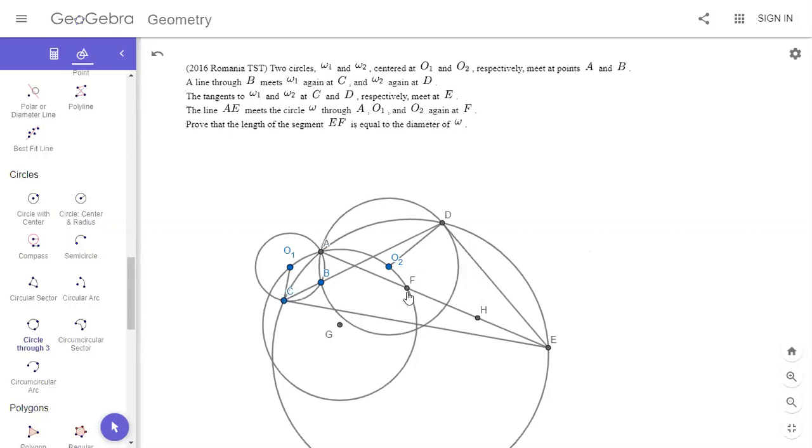So once we know that, we can use power of a point on F. So EF times FA.